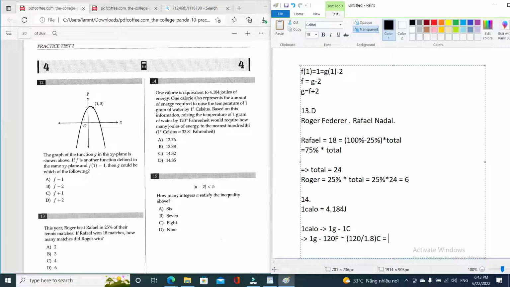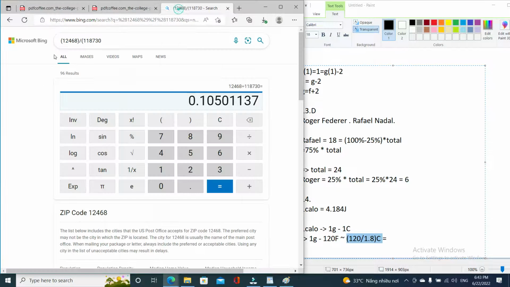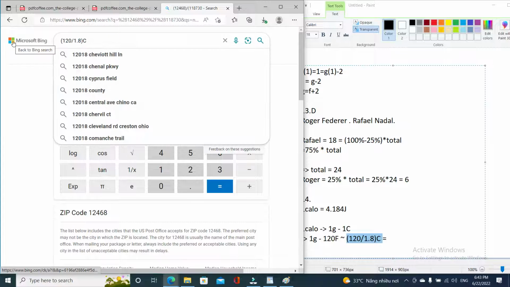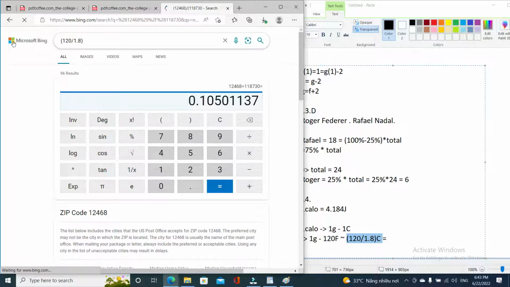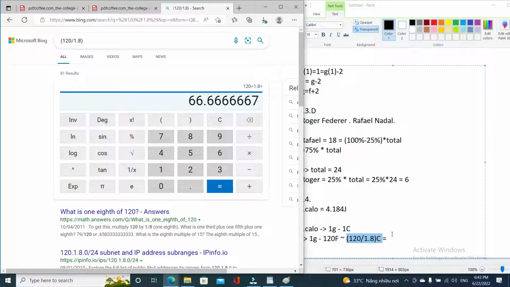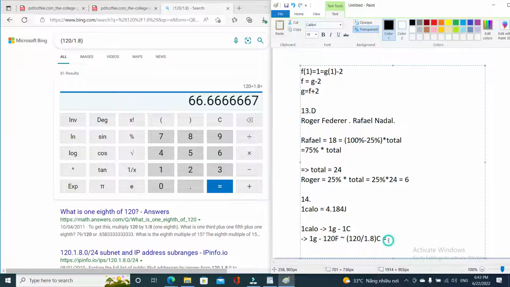I could be wrong on this one. If I did not make a mistake, it is 66.6 C.